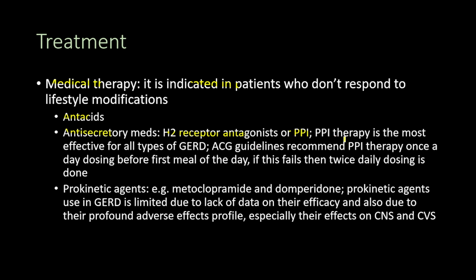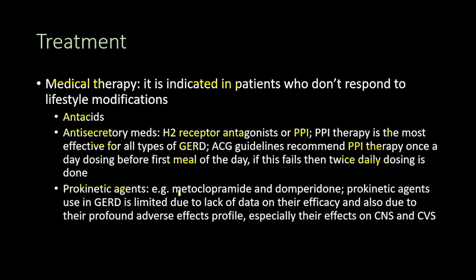Now, the proton pump inhibitor therapy is the most effective for all types of GERD. And the American College of Gastroenterology guidelines recommend the proton pump inhibitor therapy once a day dosing before the first meal of the day, and if this fails, then twice daily dosing is done. Now in the medical therapy, we have the prokinetic agents.